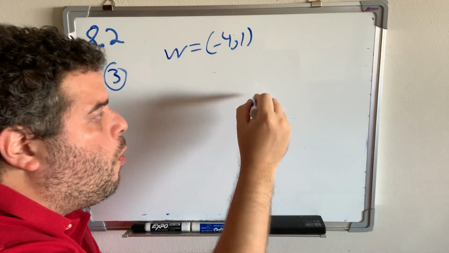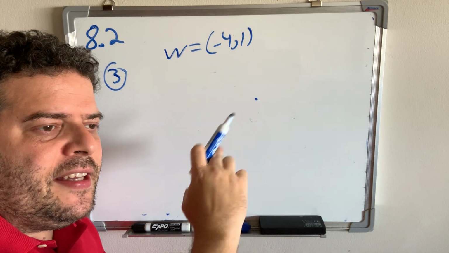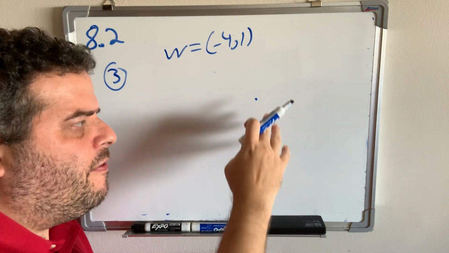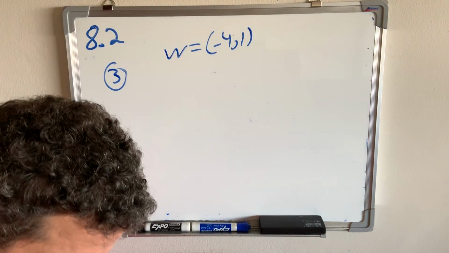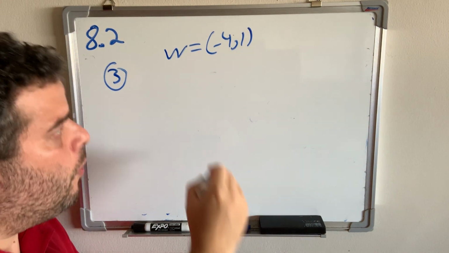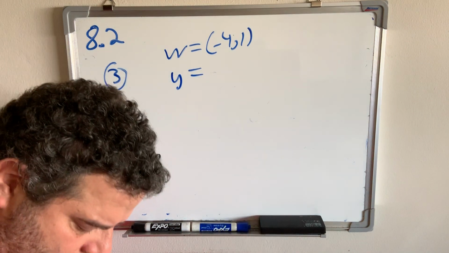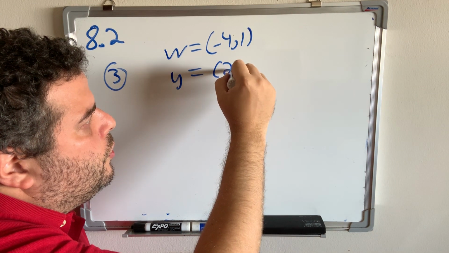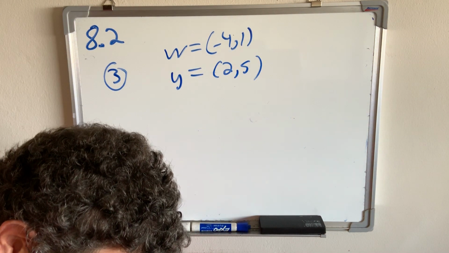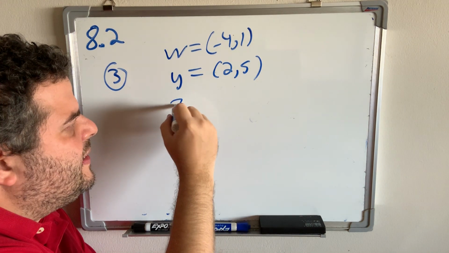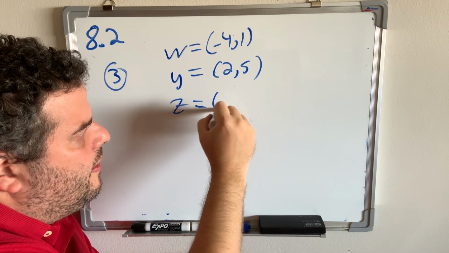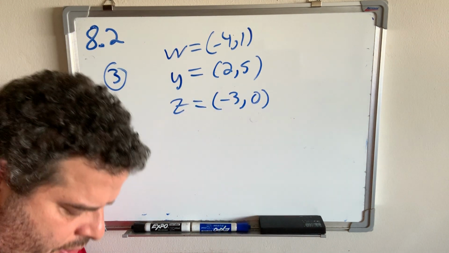This is not a coordinate, but a component vector. W is (-4, 1), Y is (2, 5), and Z is (-3, 0).